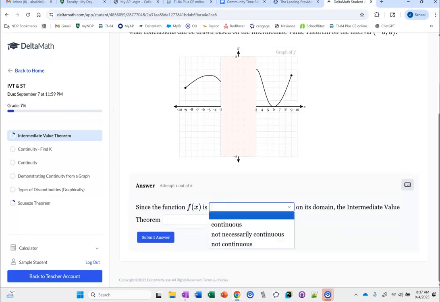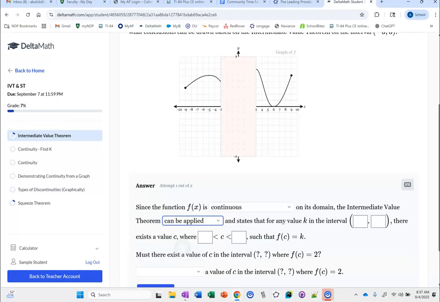So again, the function is continuous. So the intermediate value theorem can be applied.